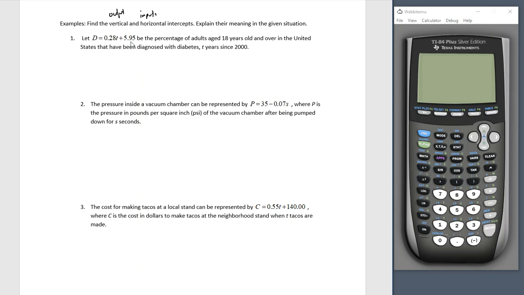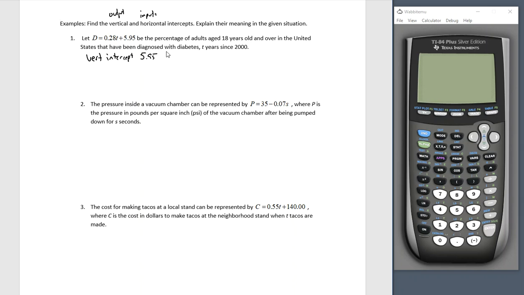Now we know, given let d equal 0.28t plus 5.95 be the percentage of adults aged 18 years old and over in the United States that have been diagnosed with diabetes t years since 2000. What we know is that our vertical intercept, since this is given in slope-intercept form, is 5.95.